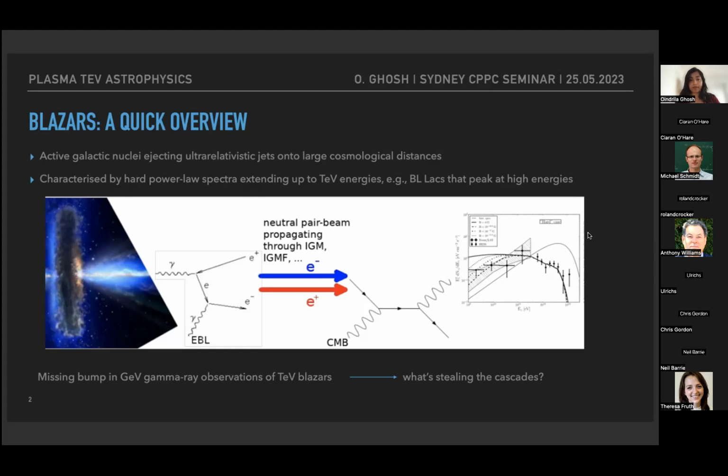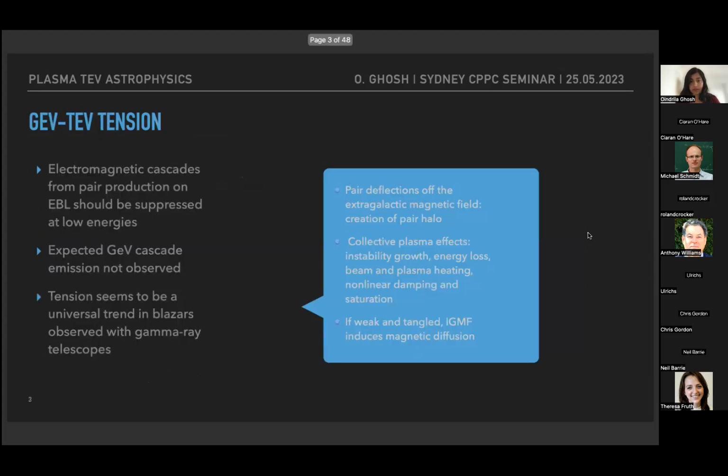So when neutral pair beams propagate through the intergalactic medium, they could undergo pair deflections with regard to the cosmic magnetic field, the intergalactic magnetic field, whose strength can vary from, say, 10 to the minus 17 or 18 to 10 to the minus 9 Gauss or so. So if such pair deflections take place, we could expect, for example, a pair halo.